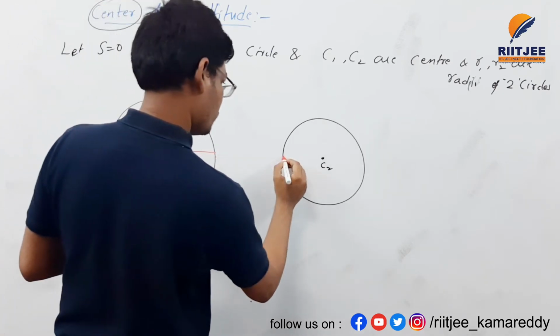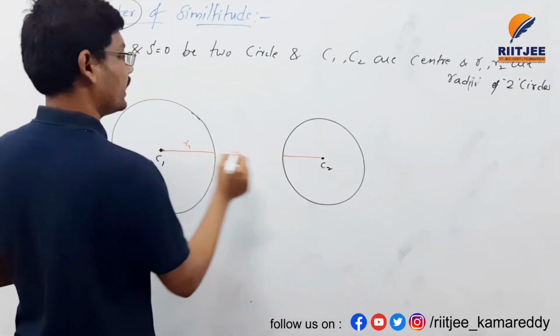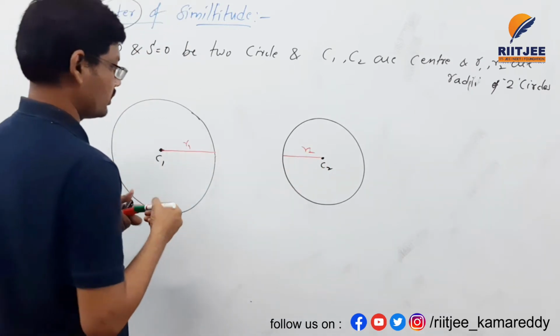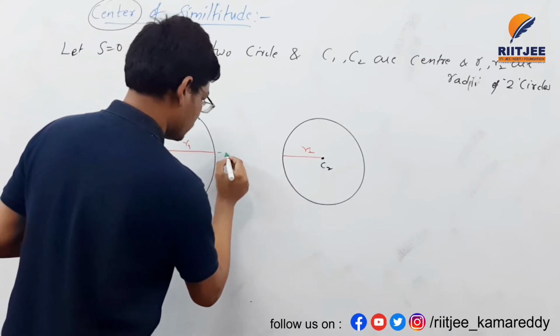This is R1 and this is R2, and this is a center line.